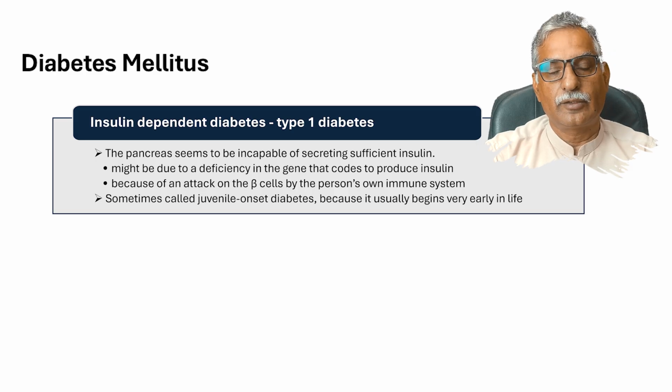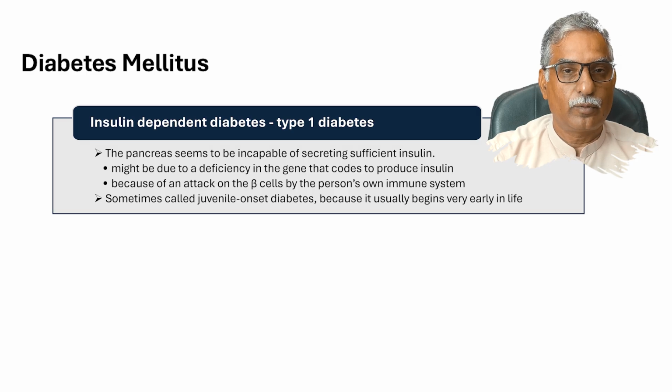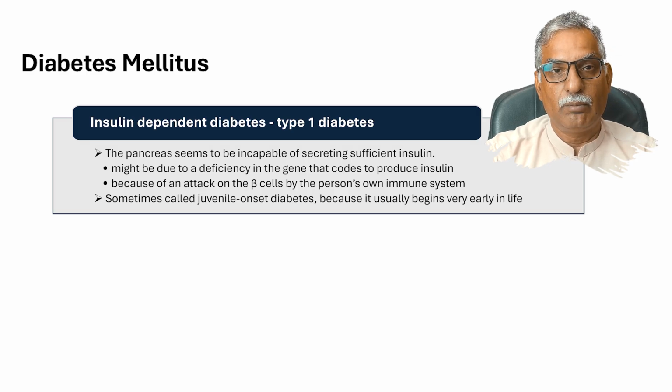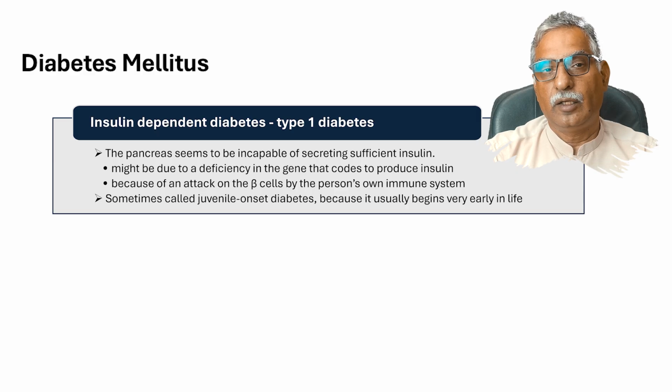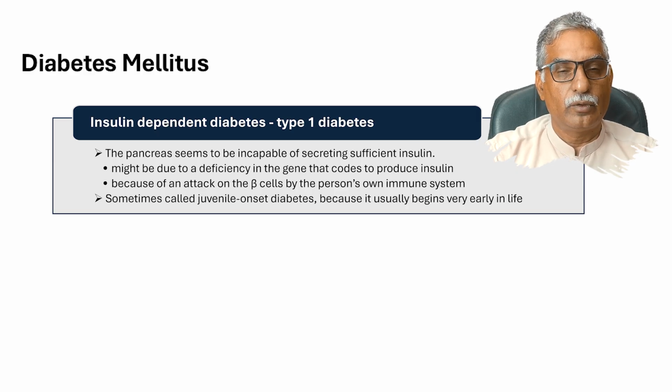In certain other cases, an autoimmune response, the faulty response of our immune cells, may also result in no insulin production. In this case, what happens? The faulty immune cells produce antibodies against glucose receptors, considering them as non-self antigens.